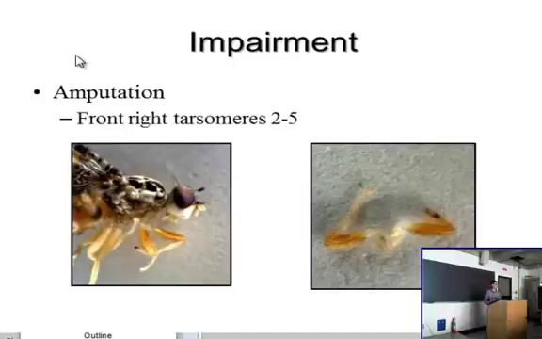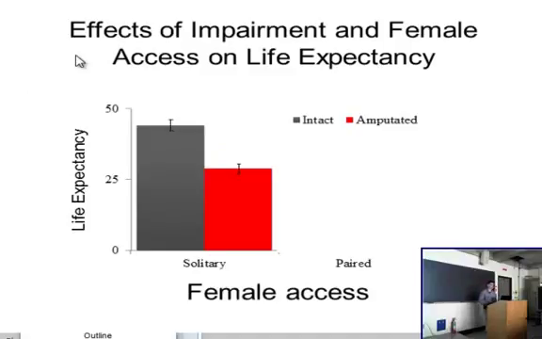This was expected to cause a reduction in lifespan, but the amount of damage was hoped to be low enough that it didn't affect the reproductive ability too much. What we find is that yes, the amputation does increase the risk of death and thereby reduces life expectancy.